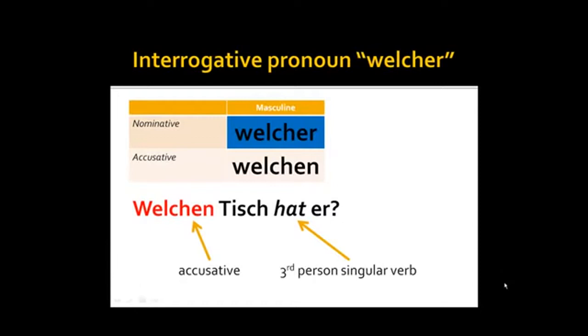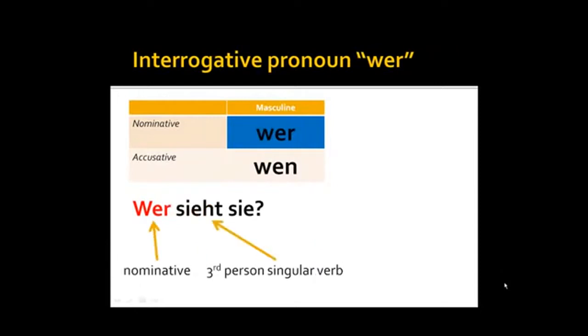Nevertheless, I put the interrogative pronoun welchen at the beginning of the sentence because I'm asking a question. What's most important here to notice is that there is a change in the form. Welcher goes to welchen.